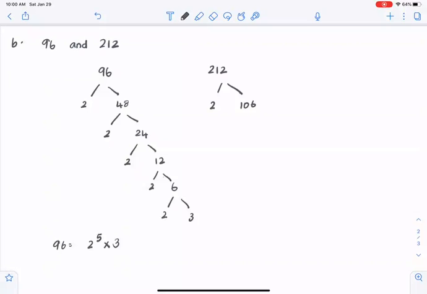Yes. Now 106 is also divisible by 2. So 2, and I've got 53.